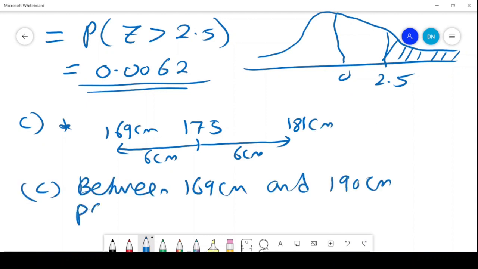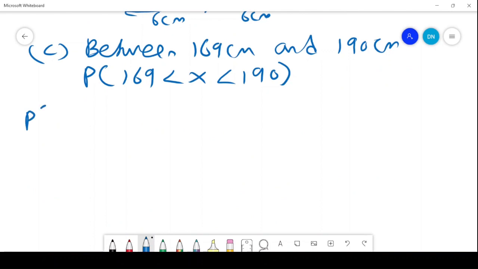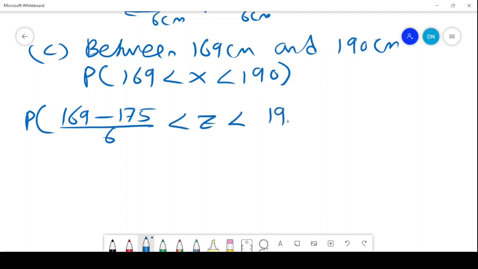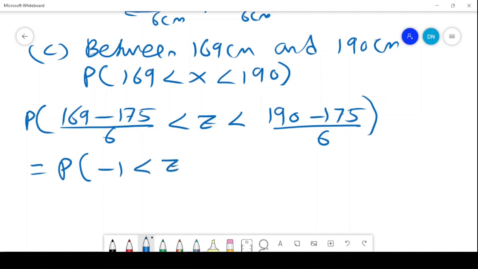We want to find the probability that a person lies between 169 and 190. It will be the probability of (169 minus 175) divided by 6 less than z less than (190 minus 175) over 6. So it will be the probability that negative 1 is less than z is less than 2.5.